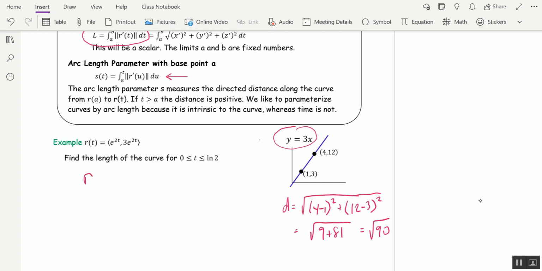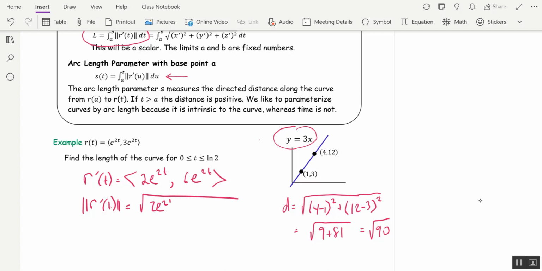So we're going to need an r prime, and that's easy: 2e to the 2t, comma, 6e to the 2t. And we're going to need the length of r prime, because that's what we're going to integrate. So that's the square root of (2e to the 2t) squared plus (6e to the 2t) squared, which is the square root of 4e to the 4t, so you have to square the 2, and you have to square the e to the 2t.